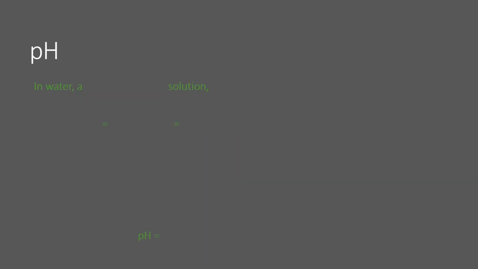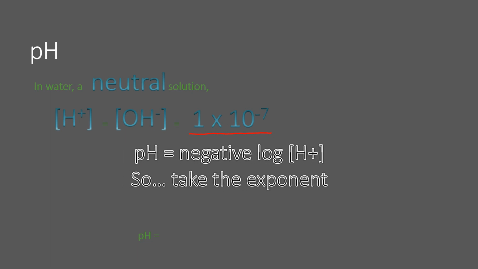In water, a neutral solution, the hydrogen ion concentration is equal to the hydroxide ion concentration, which is equal to this number right here, 1 times 10 to the -7. If we take the pH, y'all, we simply take the exponent and change the sign.